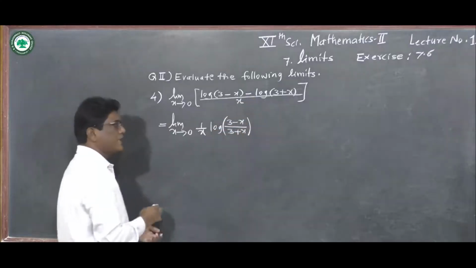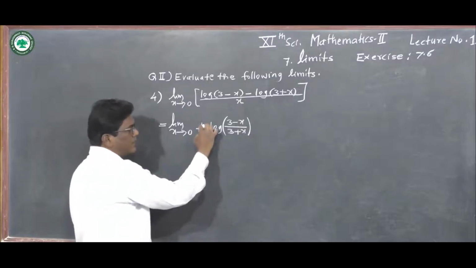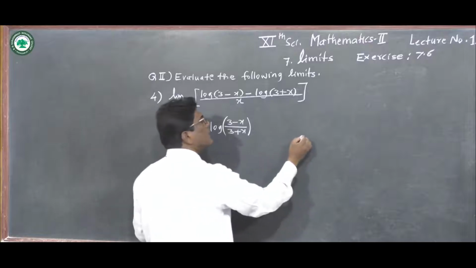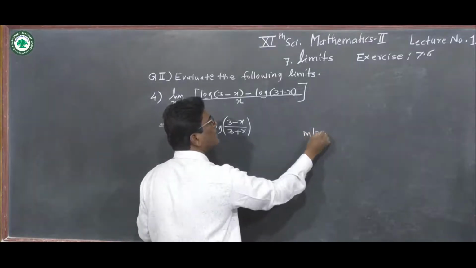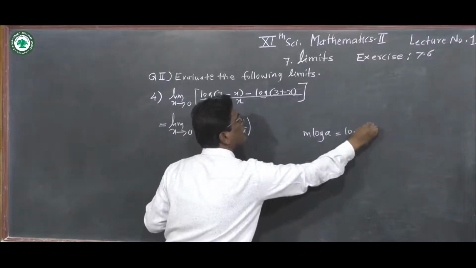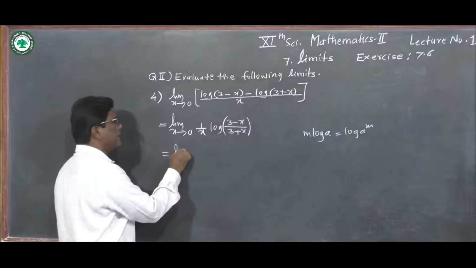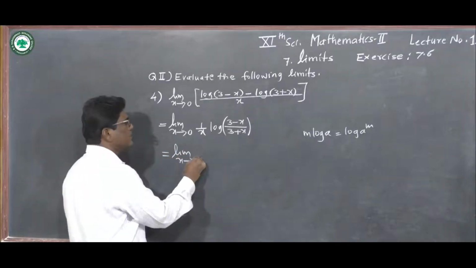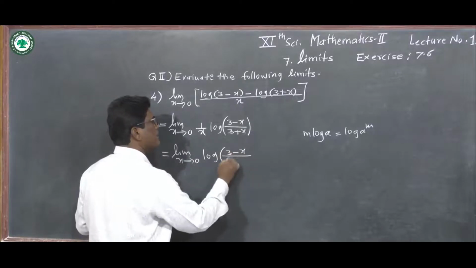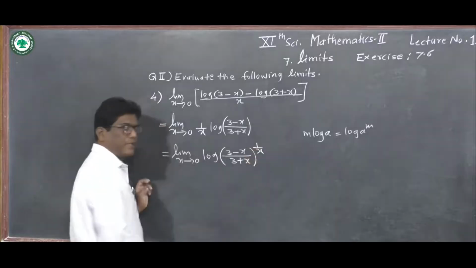Now this 1 upon x, we take as the power using the rules of logarithm, that is m times log of a is equal to log of a to the power m. This is the formula. So it is equal to limit as x tends to 0 log of ((3 minus x) upon (3 plus x)) to the power 1 upon x.